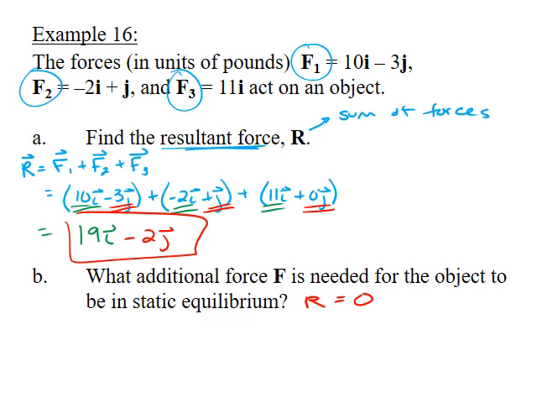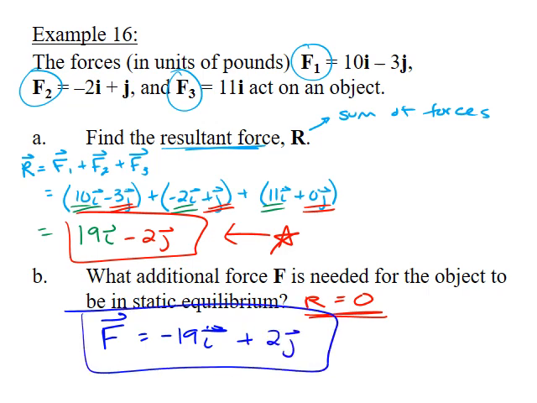So if I need to find another force that can be added to this force, what would I need to add to this to get a result of 0? Well, basically it's the opposite of everything. So the additional force would be the opposite of i and the opposite of j, or a and b rather. Okay, so that's that.